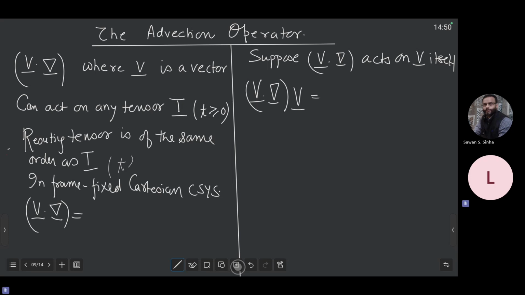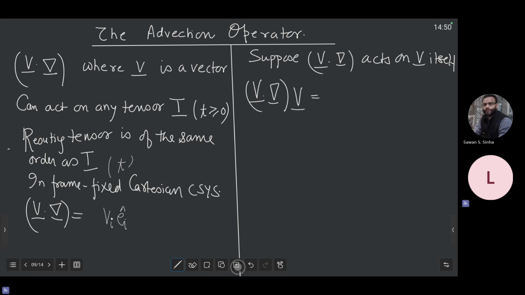Let's see quickly how it looks. V dot del. How should I start? By this time I have shown many examples. I want to write it in the Cartesian coordinate system in the most simple form. How to start? Vi Ej, Vi Ei.